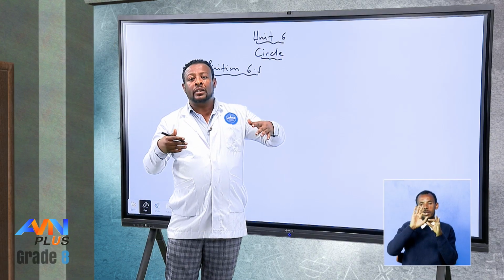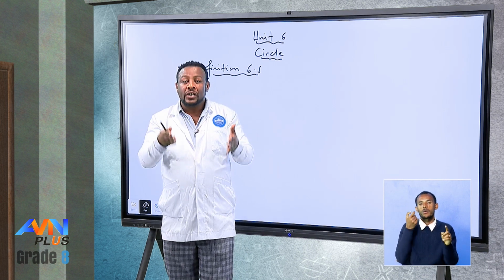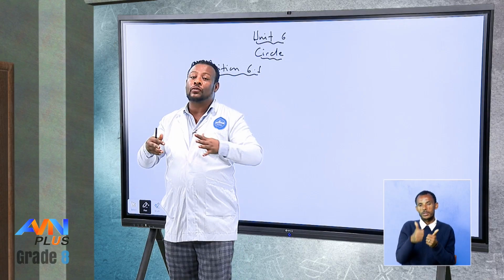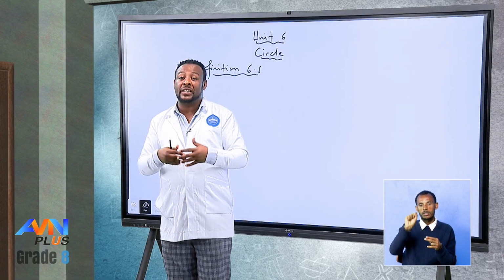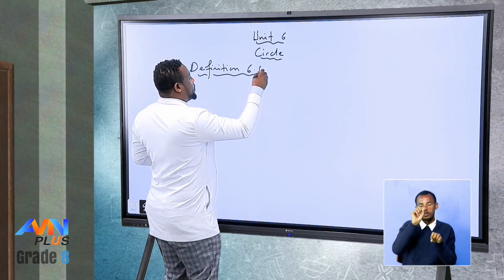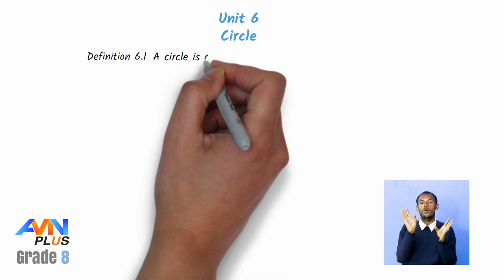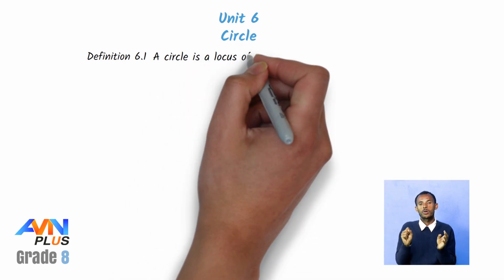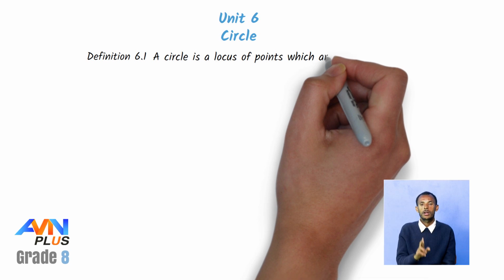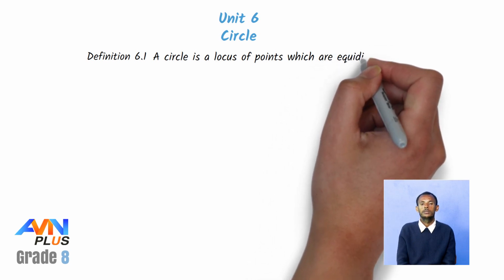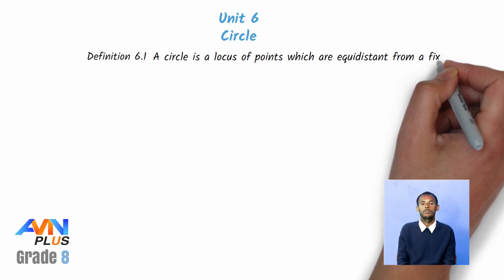We define a circle as a collection of points which are equidistant from a fixed point, or sometimes we call it a locus of points which are equidistant from a certain fixed point.